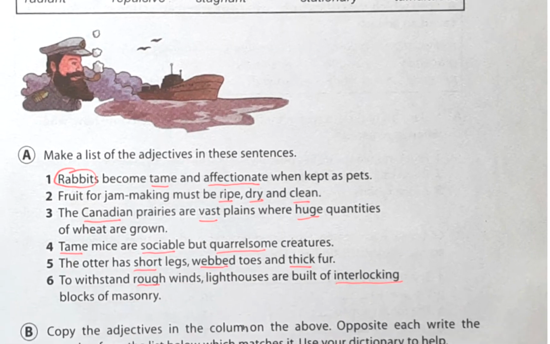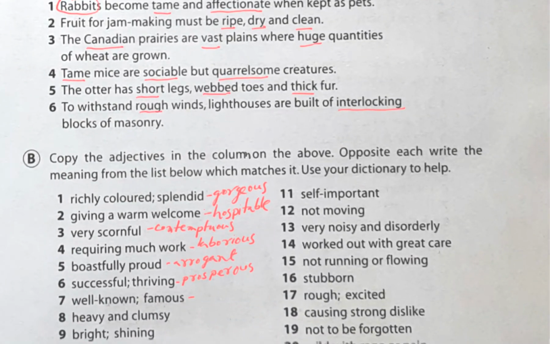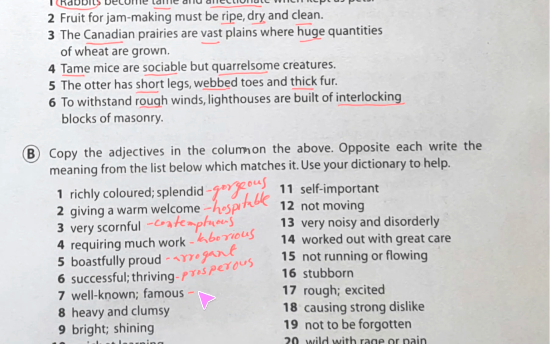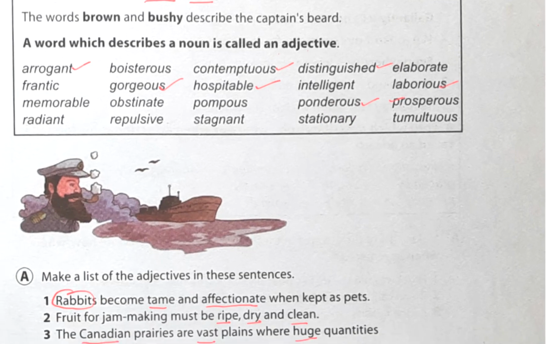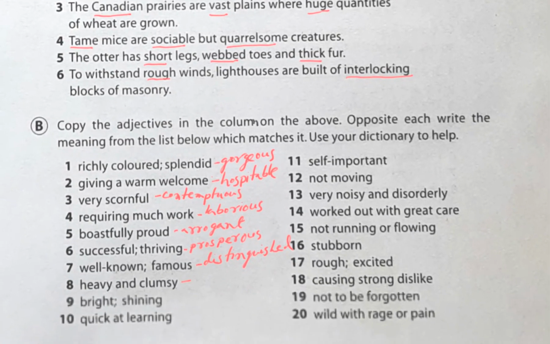So let's write here, distinguished. Okay. Number 8, heavy and clumsy. It will be ponderous. So write in this place, ponderous.